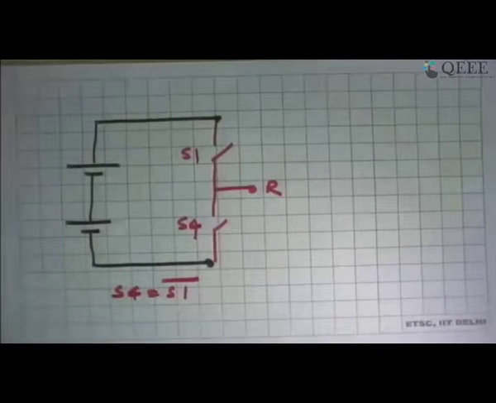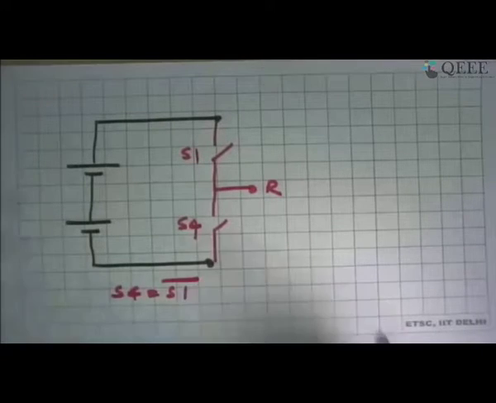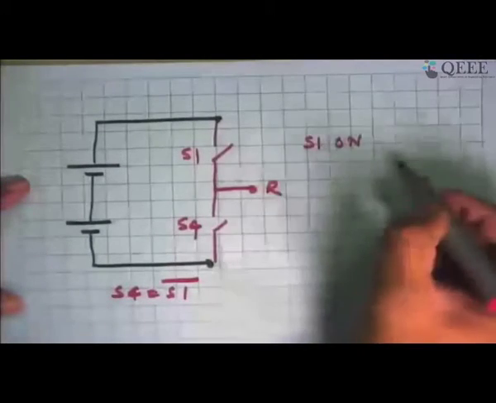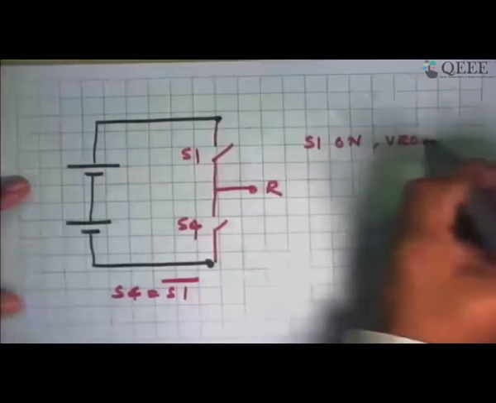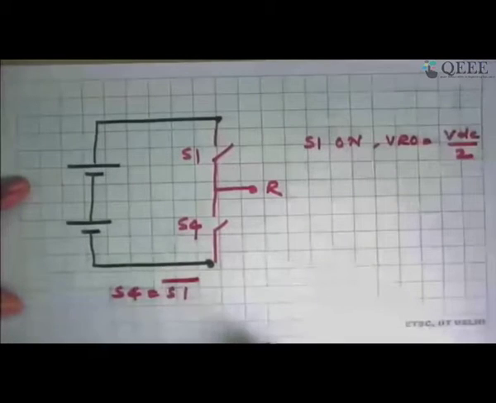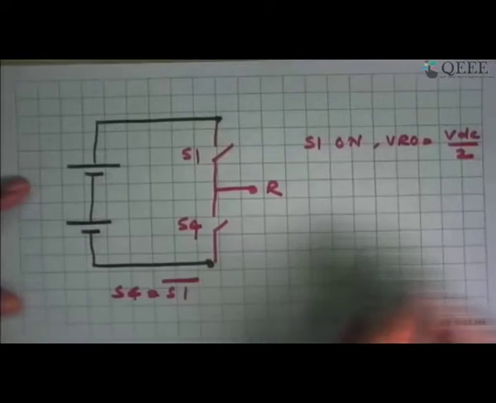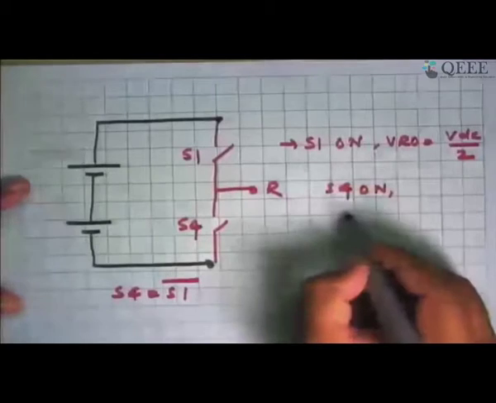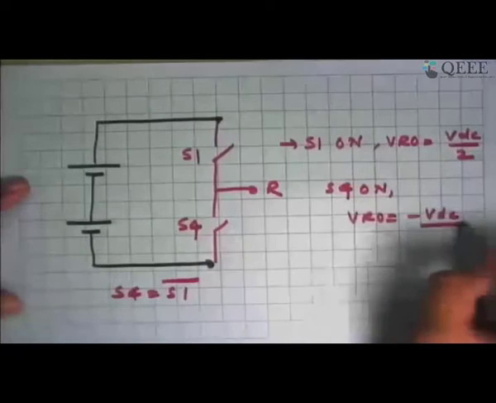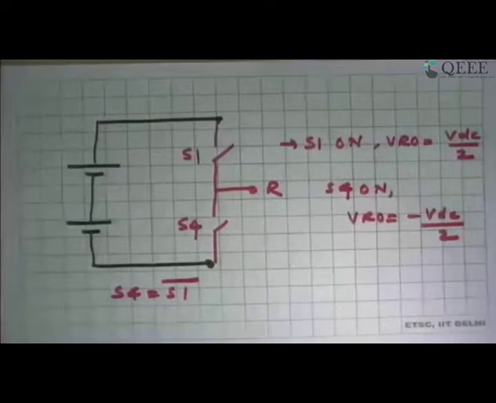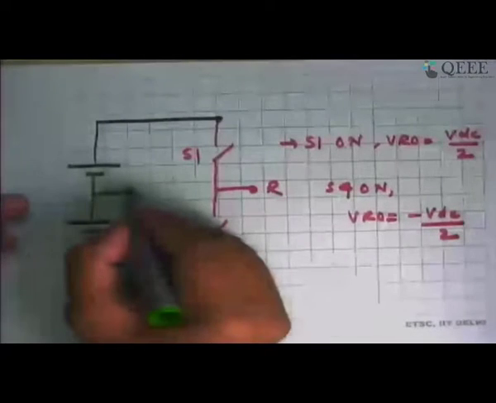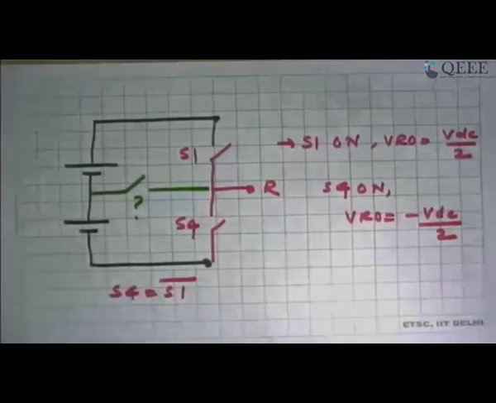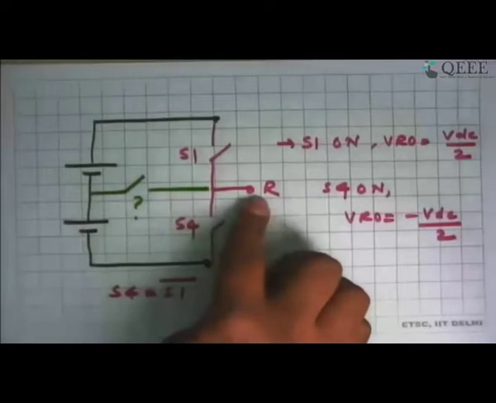S4 is always the complement of S1. So when S1 is on, S4 is off. We did not have any provision to connect the R to the midpoint.